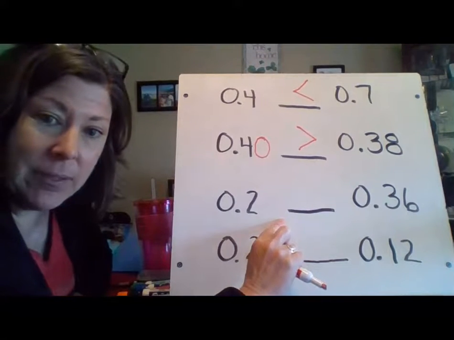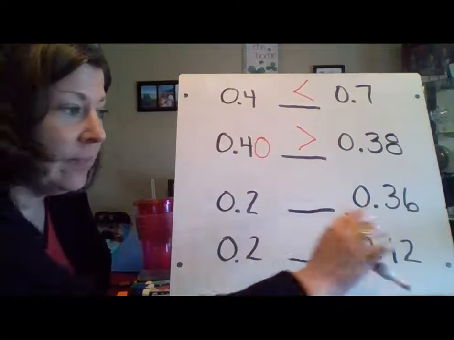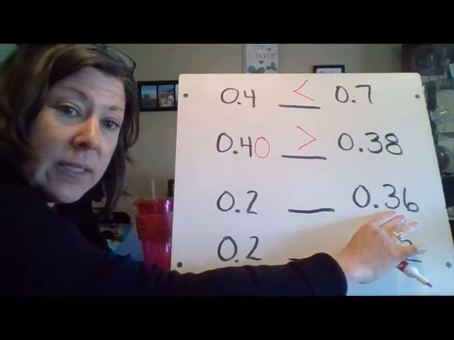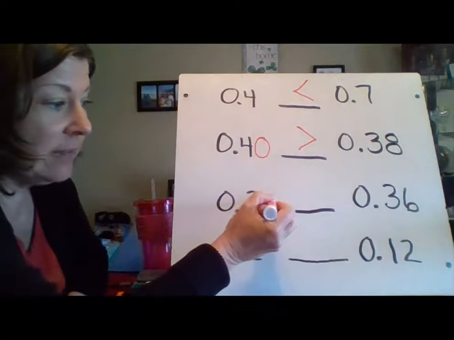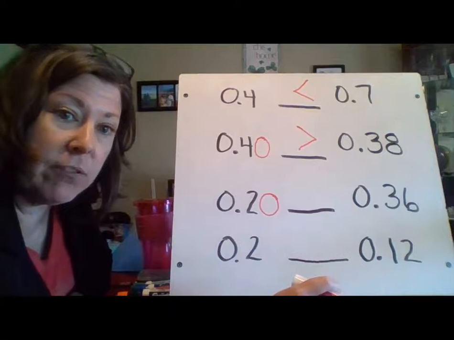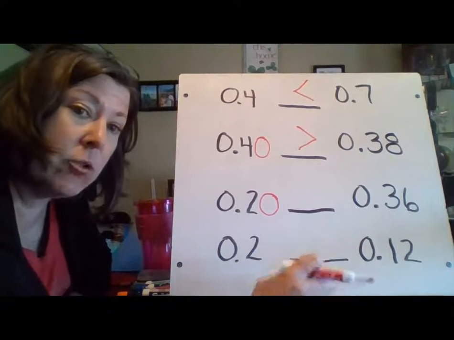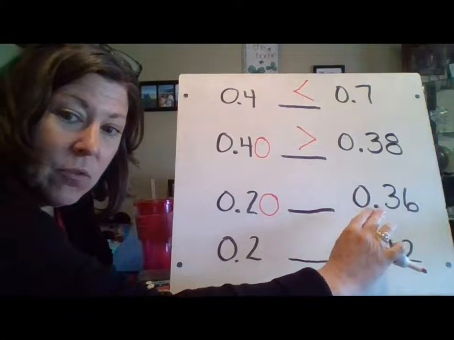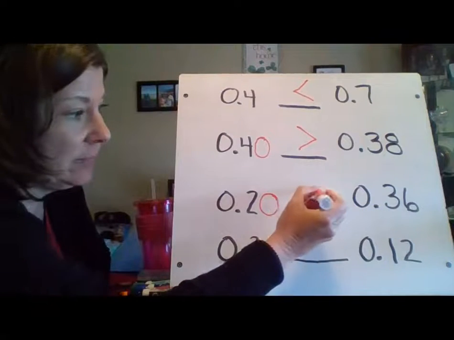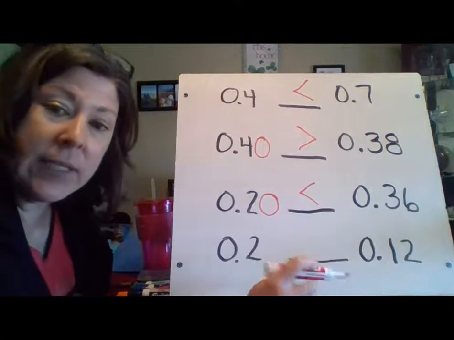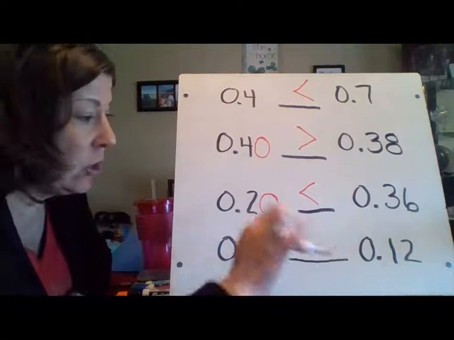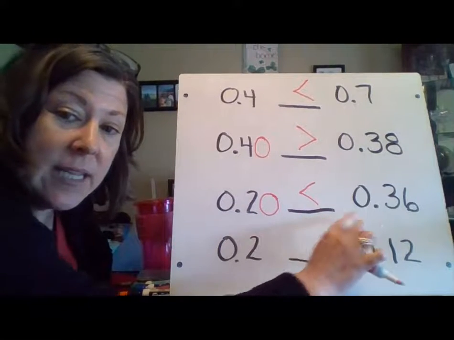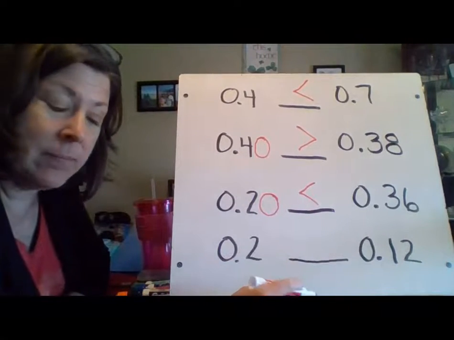My next example, 2 tenths, 36 hundredths. Again, I'm going to fill in that 0 in the hundredths place. 20 hundredths, 36 hundredths. 36 hundredths is more, so 2 tenths is less than 36 hundredths.